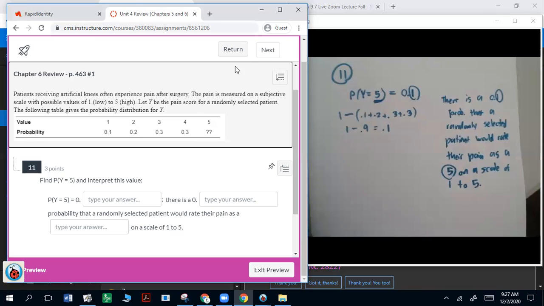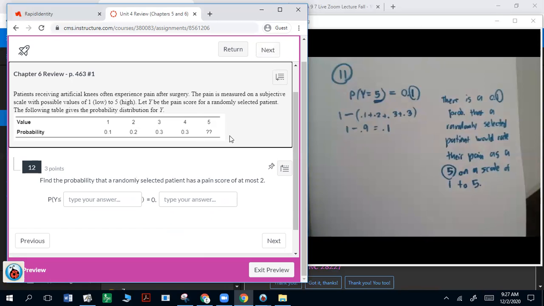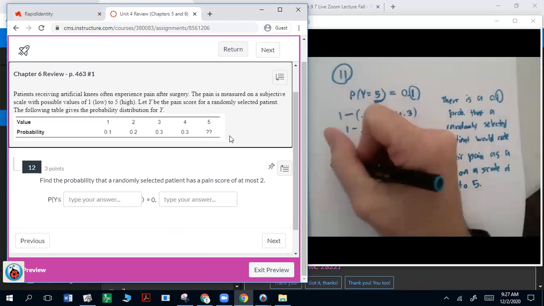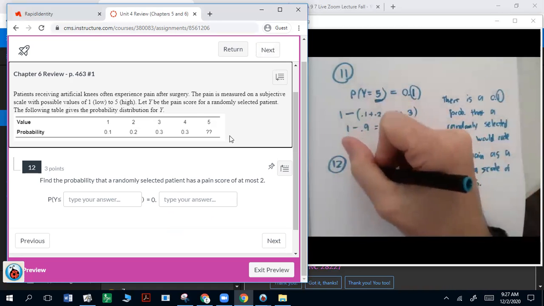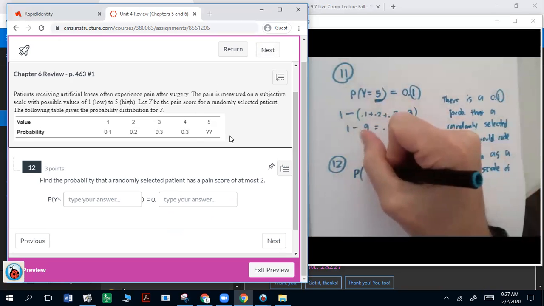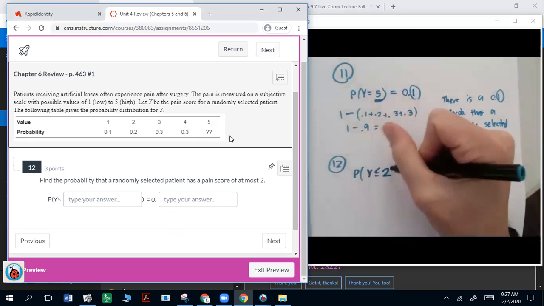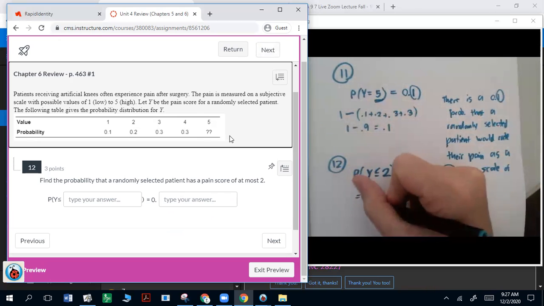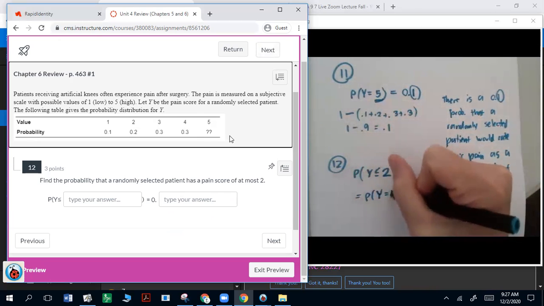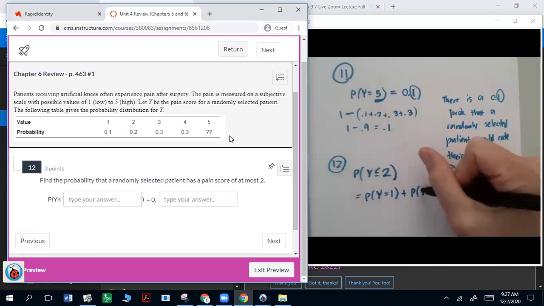So let's move on to number 12. The question says, find the probability that a randomly selected patient has a pain score of at most 2. That's pretty straightforward. We're just going to do 2 or less. So you say the probability of Y is less than or equal to 2 is basically the probability of Y equals 1 plus the probability Y equals 2.